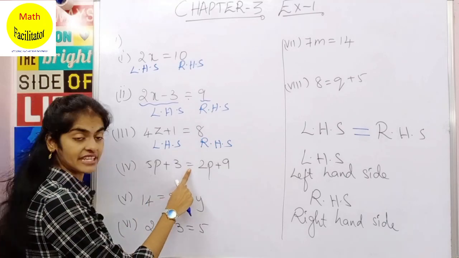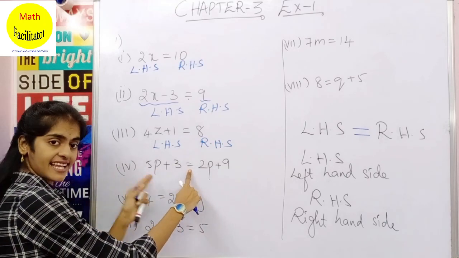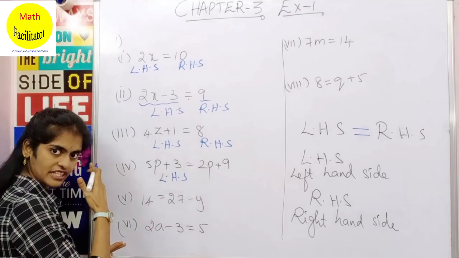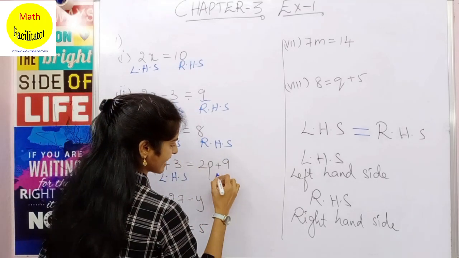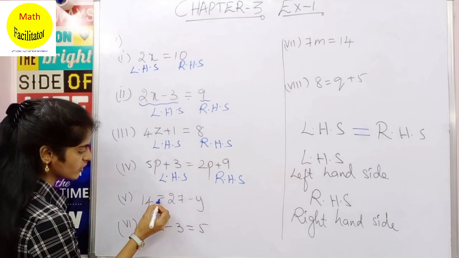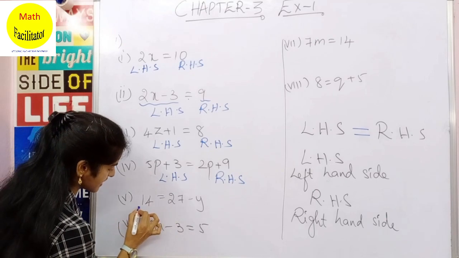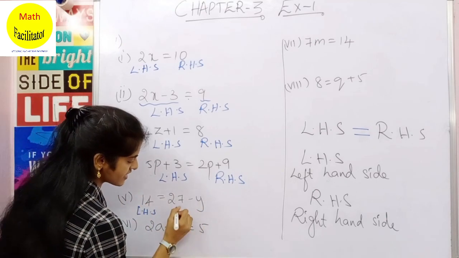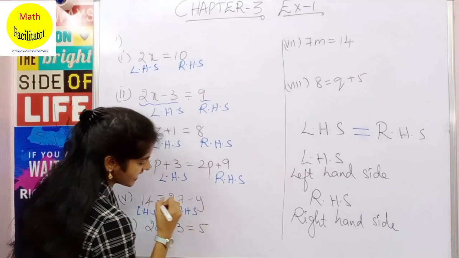Here also you have the equal to sign, so this is LHS, left side of equal to, and this is RHS, right hand side. Here also you see the equal to sign, so this is LHS, and to the right side of equal to, this is RHS.